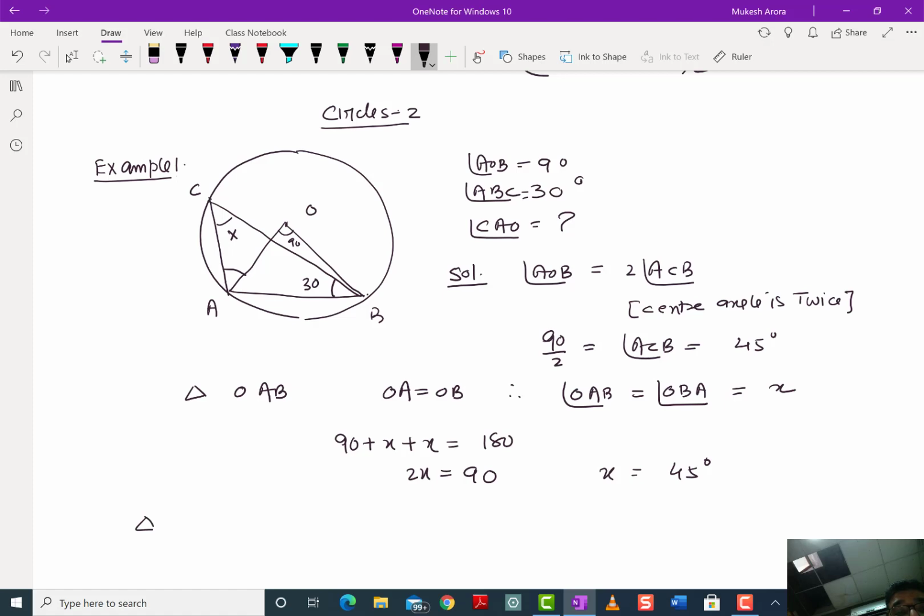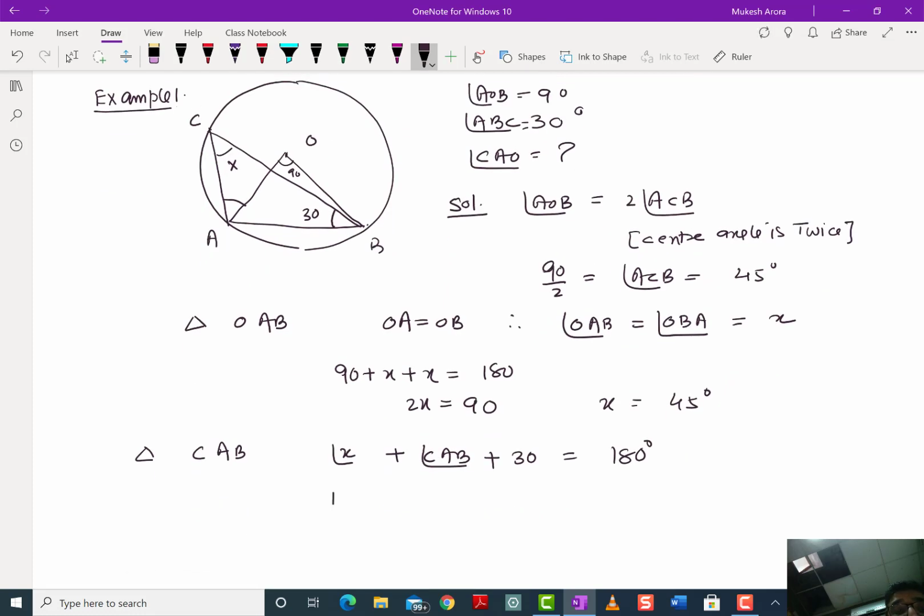Now triangle CAB, angle X plus angle CAB plus angle 30 is equal to 180. X we have found 45, plus 30, plus CAB.